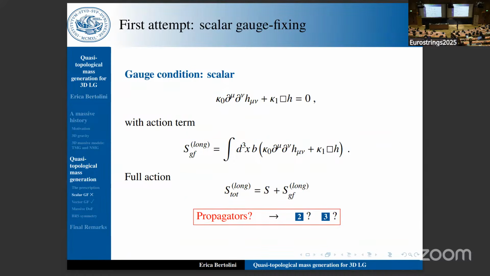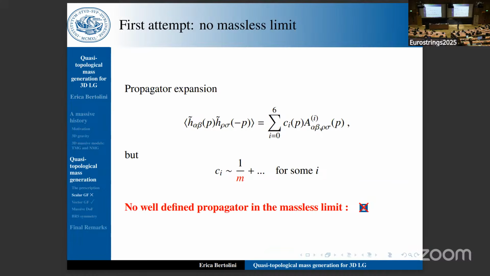We do this by introducing this gauge fixing term to the total action. And now we compute the propagator and see if the other points are also satisfied. So sadly, it turns out that this doesn't work. Some of the coefficients have a pole on the mass. So this propagator doesn't have any good massless limit.